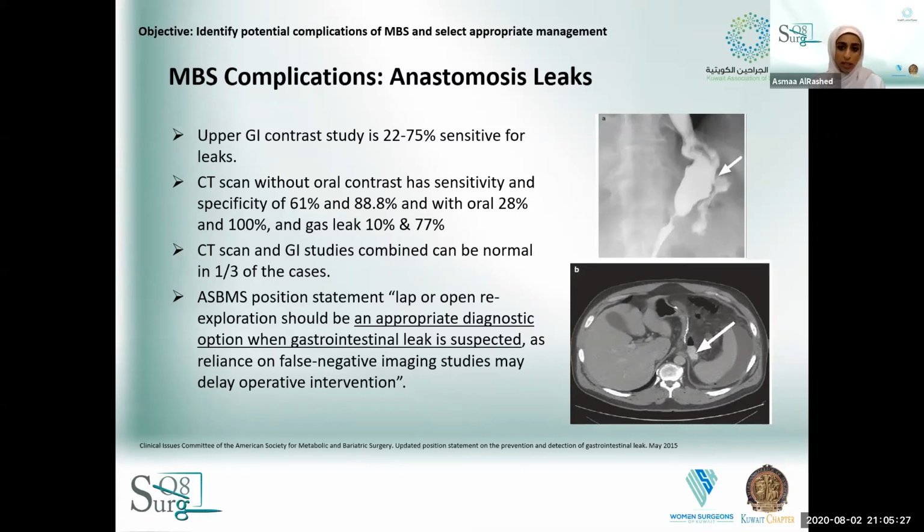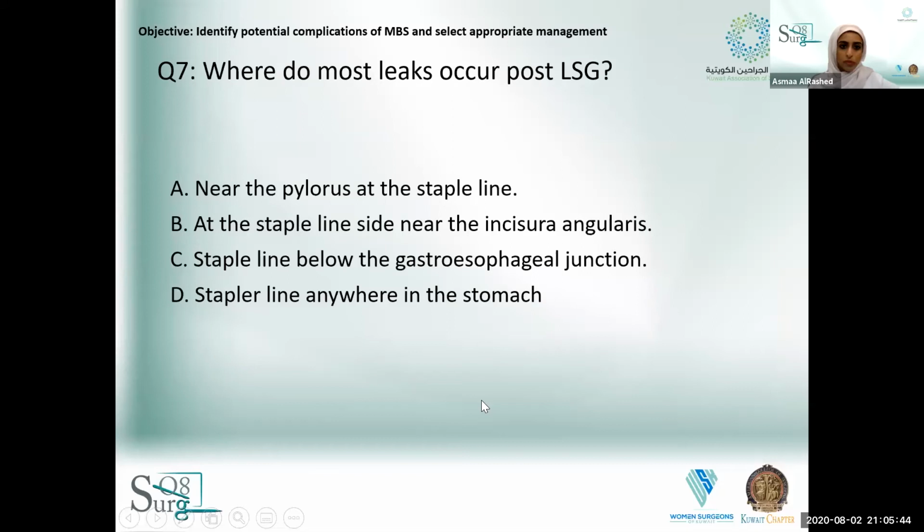So in case you have a negative radiological study, but clinically you still suspect that the patient has a leak, you can go ahead and take the patient, do your diagnostic laparoscopy or operate on the patient. Okay.